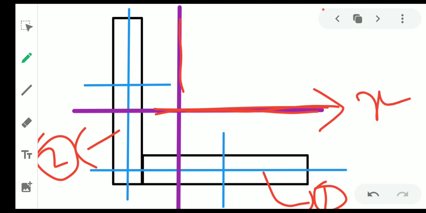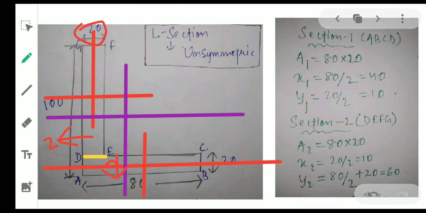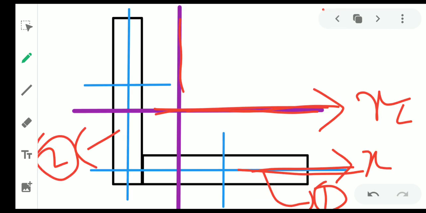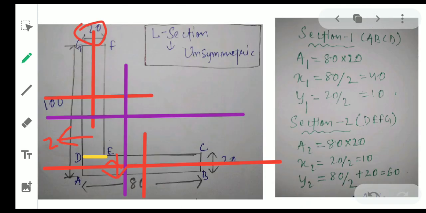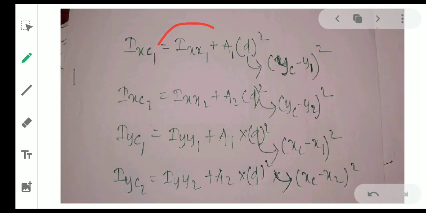This is the centroidal axis of the whole section, and this is the centroidal axis for section 1 in the x direction. As we are calculating for Ixx, we will be considering these two centroidal axes, but how to calculate the distance? Ixx1 plus a into d square.